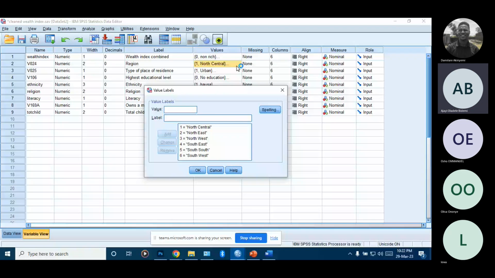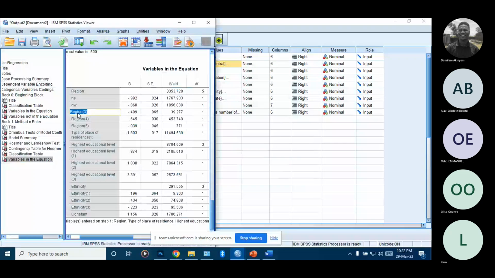Let me go back to my output. Northeast, northwest, region 3 is southeast, region 4 is south-south, region 5 is southwest.